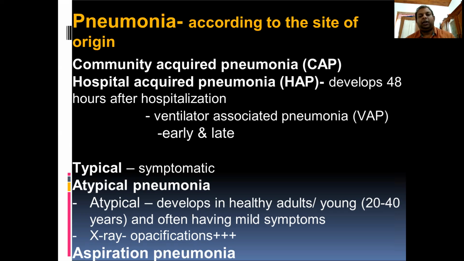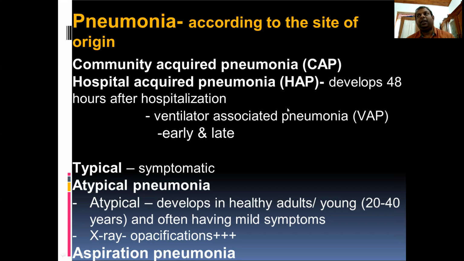Community acquired pneumonia is where the patient acquired the condition while in the community, so the patient comes with the symptoms. But in hospital acquired pneumonia, the patient develops symptoms after 48 hours of admission. This indicates the patient acquired the condition during the hospital stay rather than from the community. That is how we differentiate, and it is termed nosocomial pneumonia.